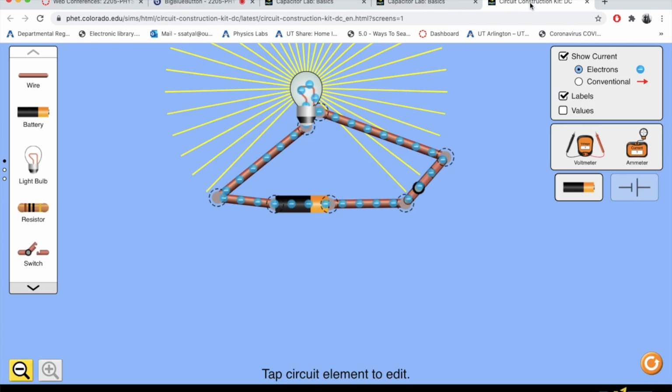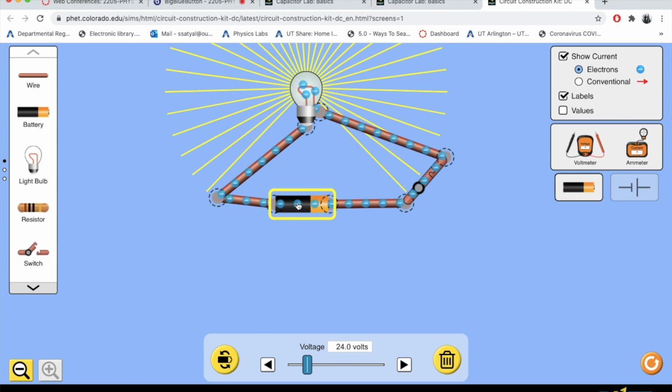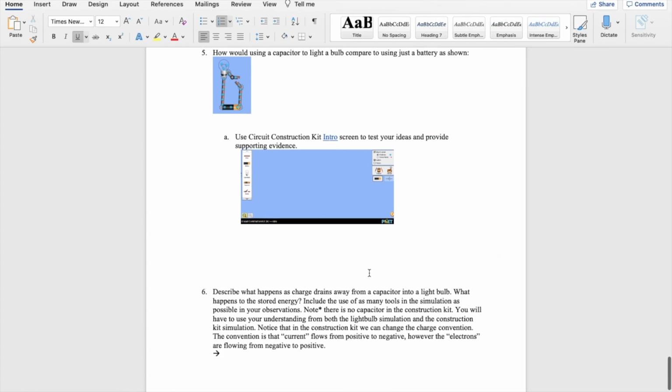And here, however, the battery, for a certain time frame, the voltage and current are constant. It constantly provides that required potential difference and required current for the light to light up.